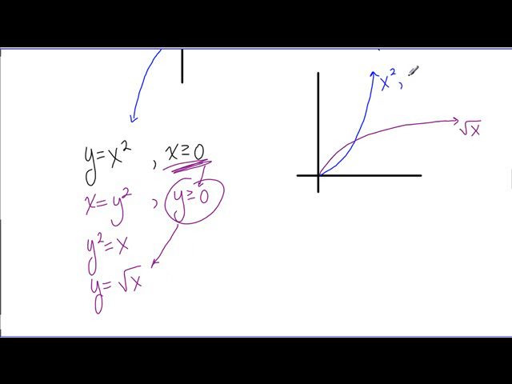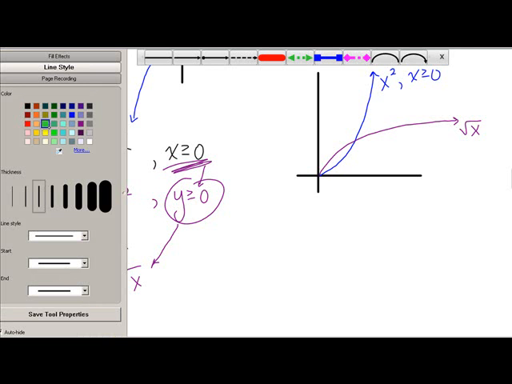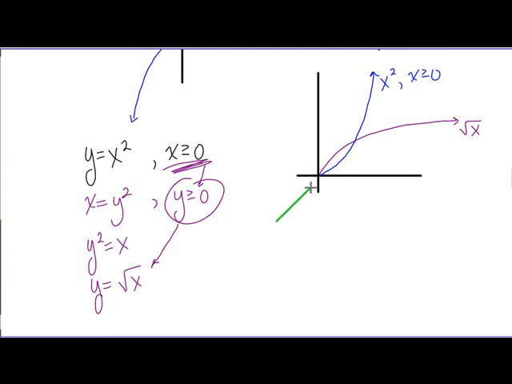Now the other kind of neat thing here is that if you draw in the line y equals x on your graph, when you're looking at a graph of a function and its inverse, those two graphs should be reflections over the line y equals x.